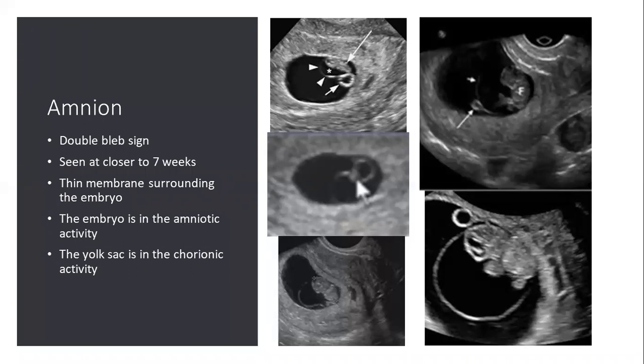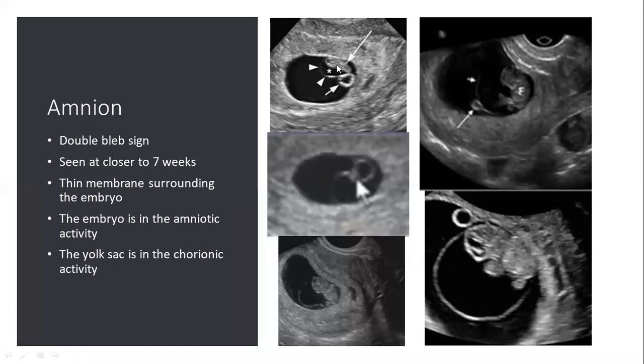The first one is the yolk sac, and the second one is the amnion. This is the double bleb sign. In between the double bleb sign, we should see an embryo, right? Because this amnion is developing from the embryo. So as long as we see the amnion, we should see an embryo somewhere.